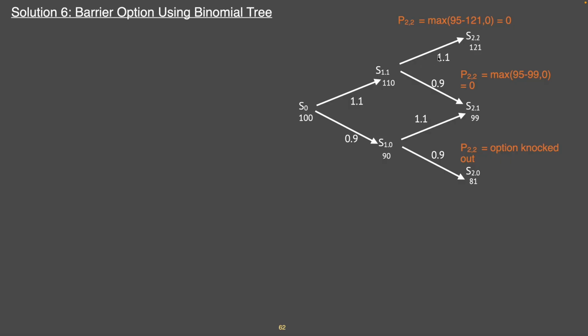Similarly, at the S11 node, the stock price has two paths. It can move up by 10%, that is 1.1 into 110, which gives S22 as 121, or it can move down by 10%, so 110 into 0.9 becomes 99 at node S21. Now node S10 again has two paths.